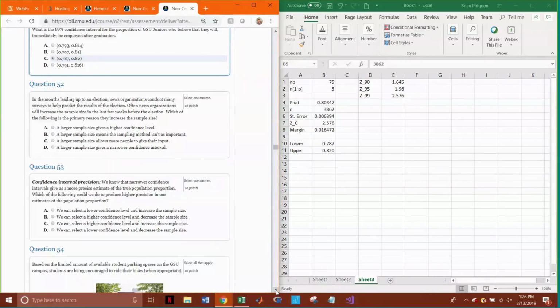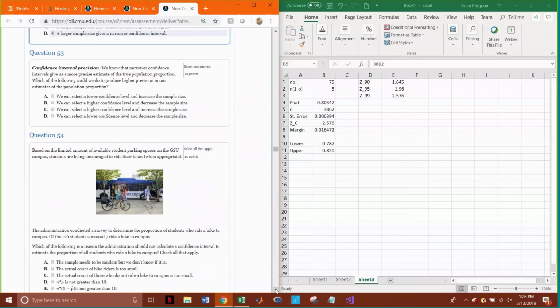Well, increasing the sample size, if you remember from sampling distributions, decreases the standard error. It makes our standard error smaller. Now, in terms of a confidence interval, making the standard error smaller makes the margin of error smaller, which means our interval is more narrow. It's more precise. A larger sample size gives a narrower confidence interval.